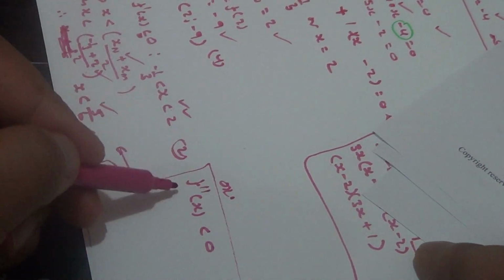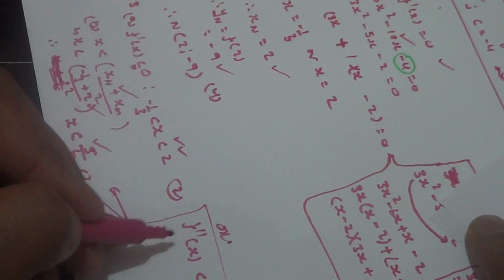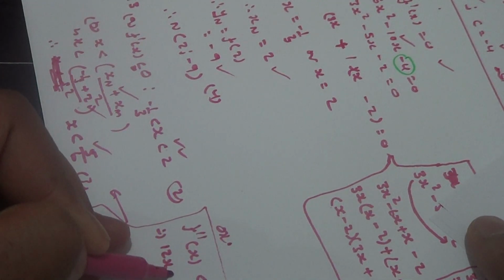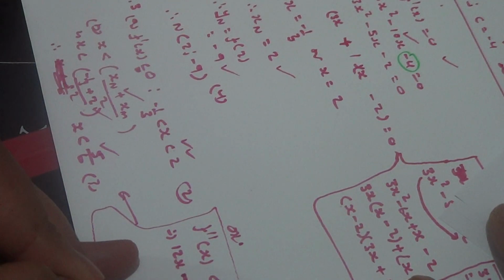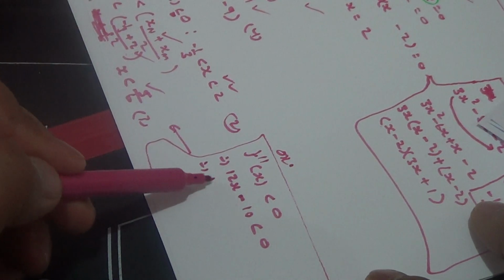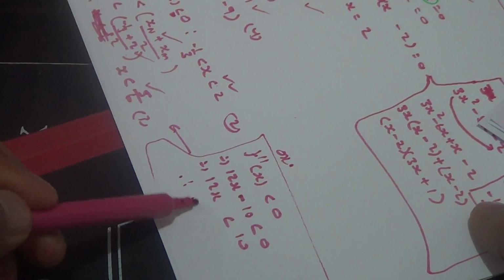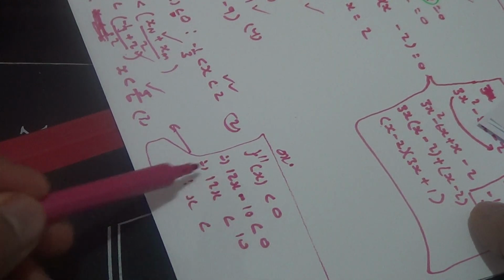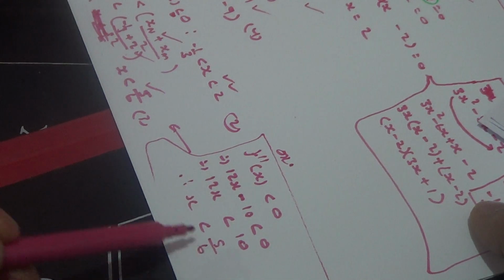Okay, so which implies now when we do the derivative of a derivative, so when you multiply they will get 12x, right? This implies that 12x minus 10 is less than 0, right? Which implies 12x is less than 10. Therefore x is less than, when we divide by 12 here, 2 goes to 10 5 times, to 12 6 times.